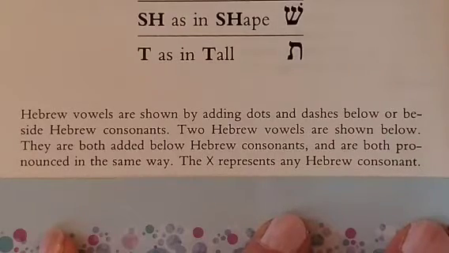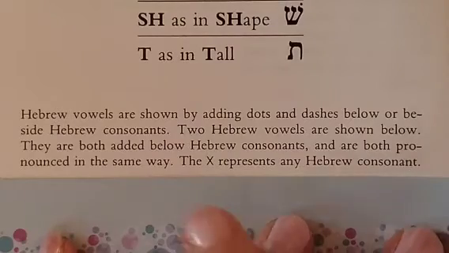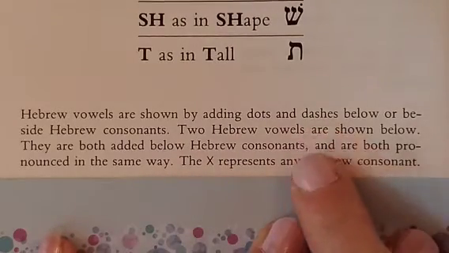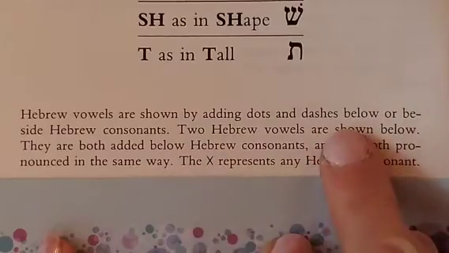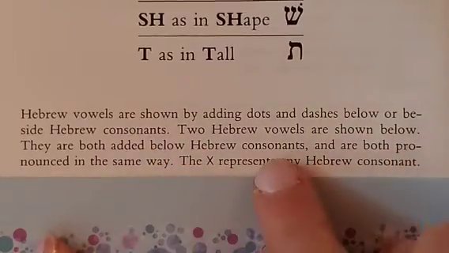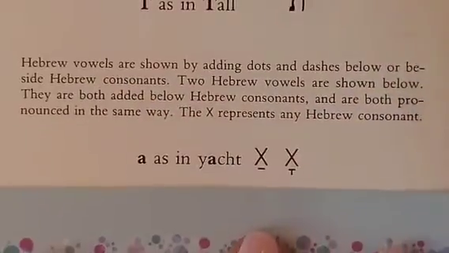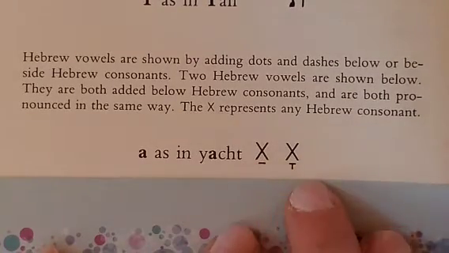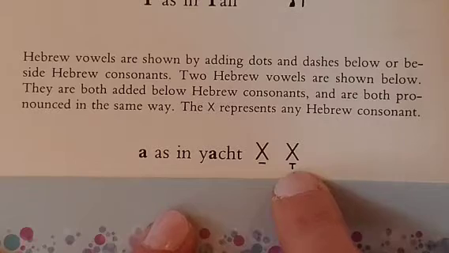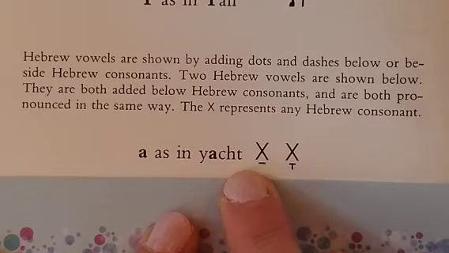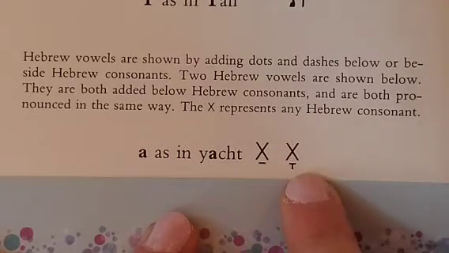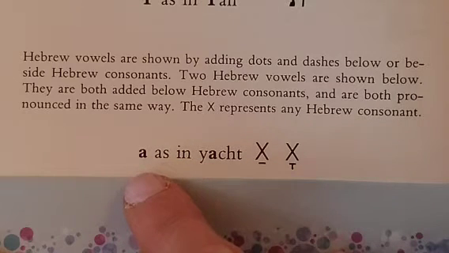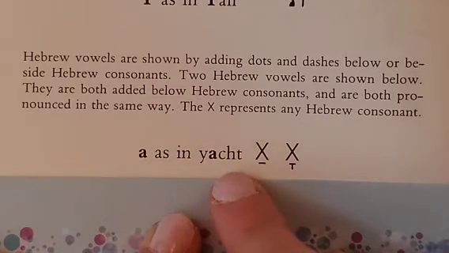All right, remember there are not any vowels, so the vowel sounds are added by dots and dashes below or beside the Hebrew consonants. So we've got 2 pretend Hebrew consonants here. And if you put the little T-looking symbol or the little dash symbol underneath any consonant, it makes an ah sound as in yacht.